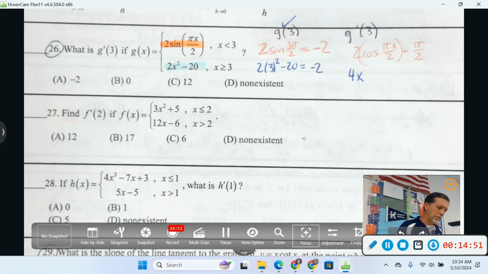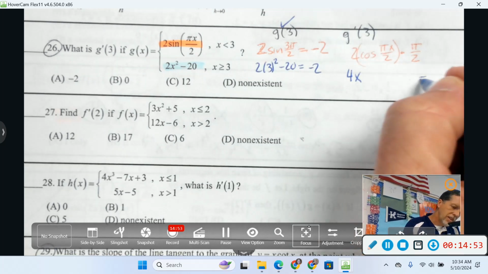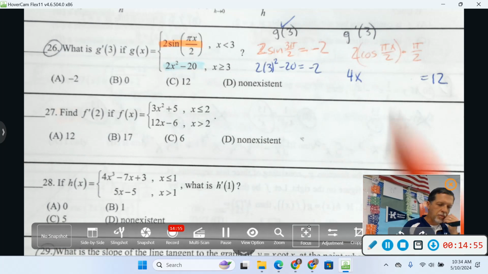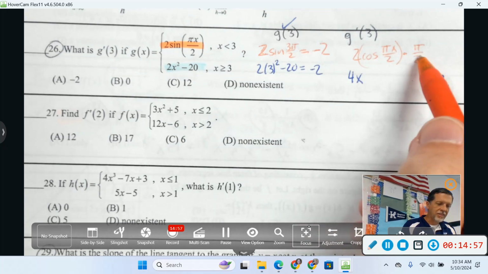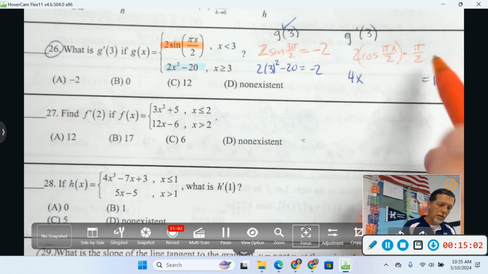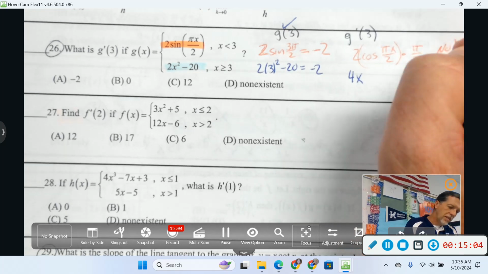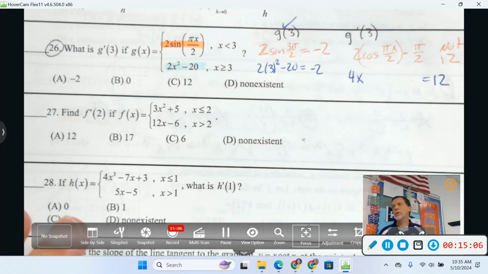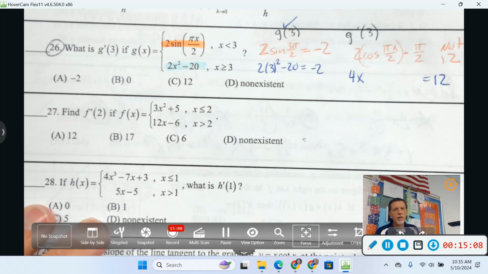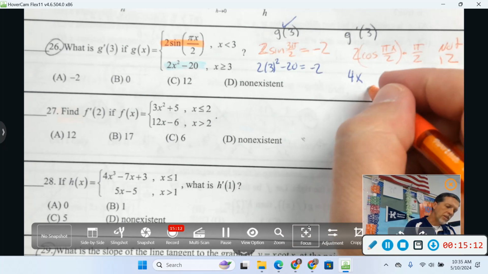Because the bottom one's going to be 12, the top one's going to be, I don't know, not 12 though, right? Because whatever this is, multiplied by pi over 2, how's that for an answer? Not 12. So that means one slope is 12, one slope is not 12, so that means there is a cusp here.